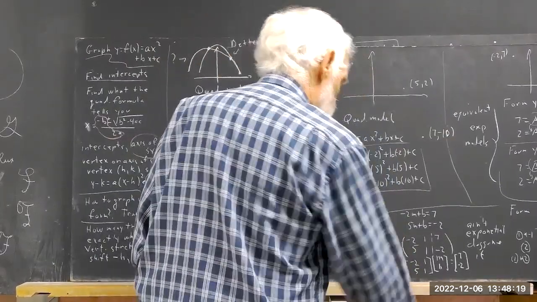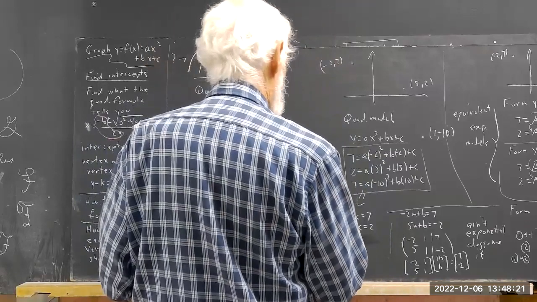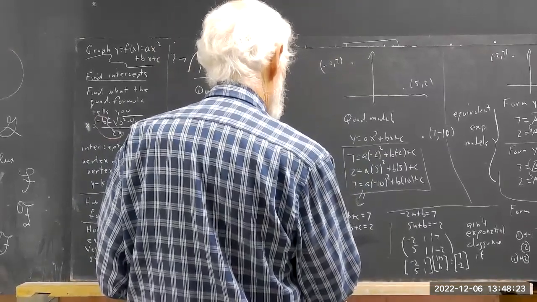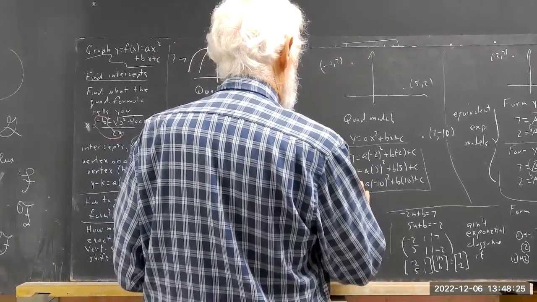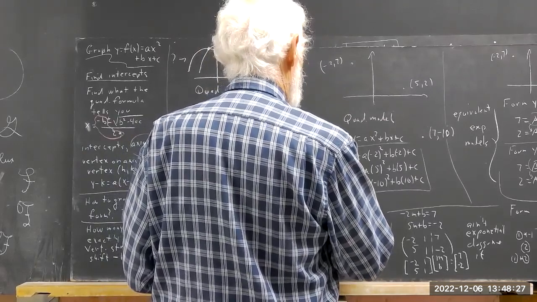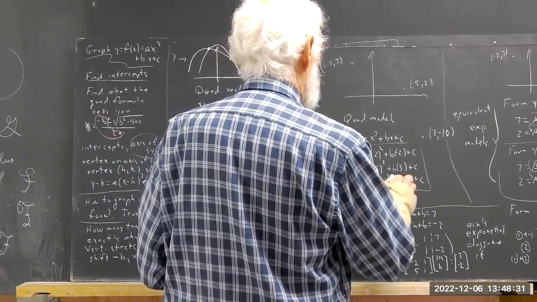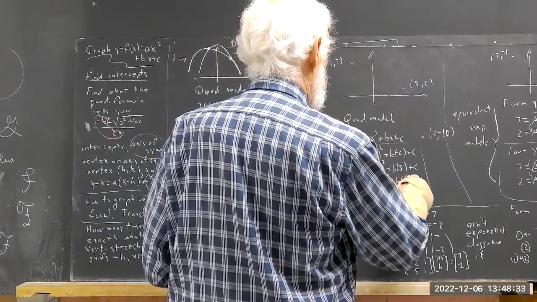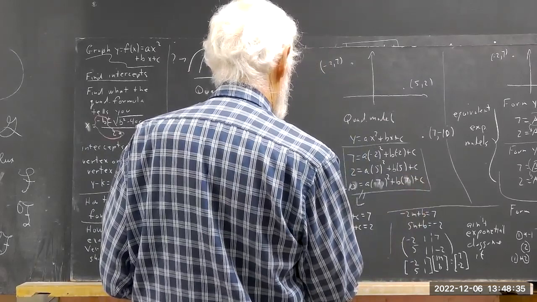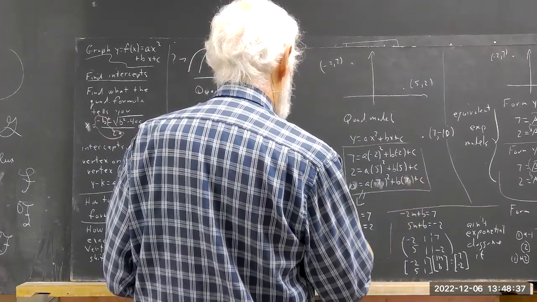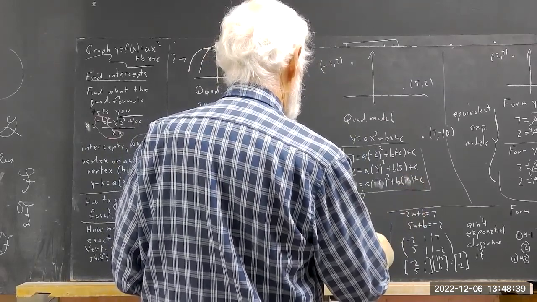It started to write 49a. And that should be negative 10. That should be 7. So we get 49a plus 7b plus c equals negative 10.